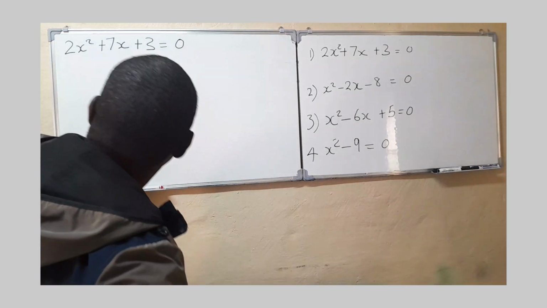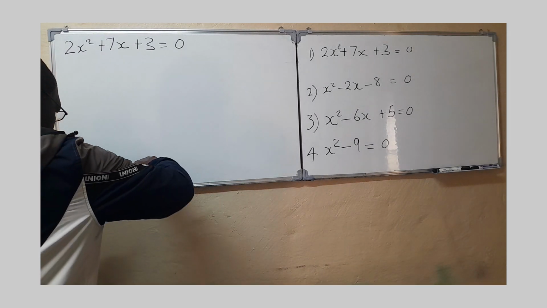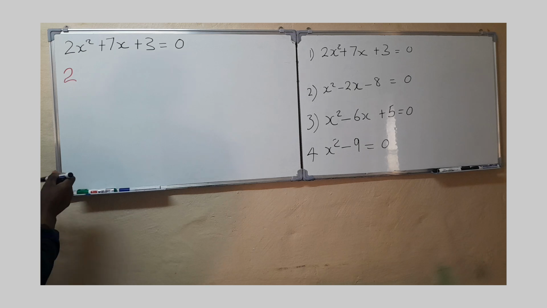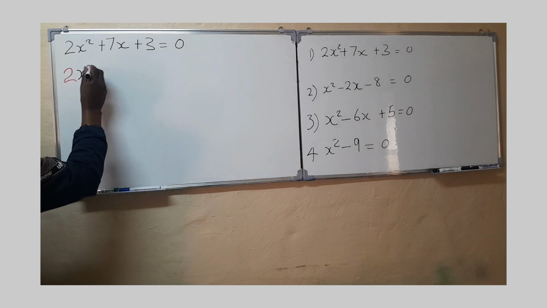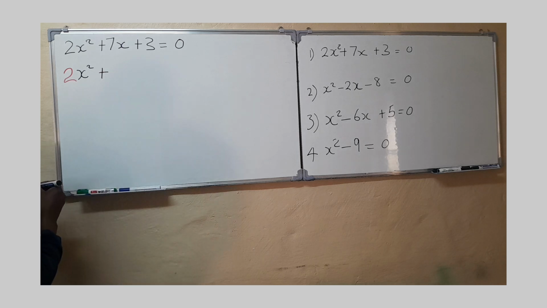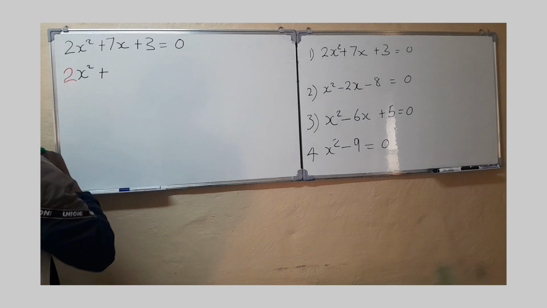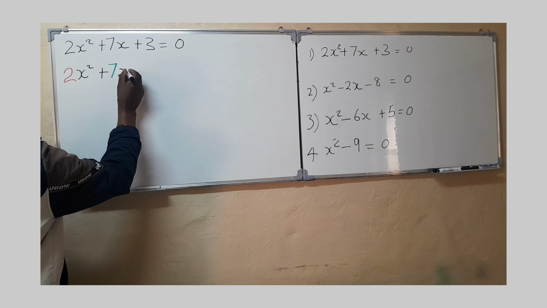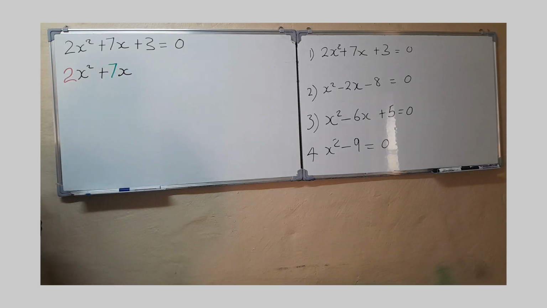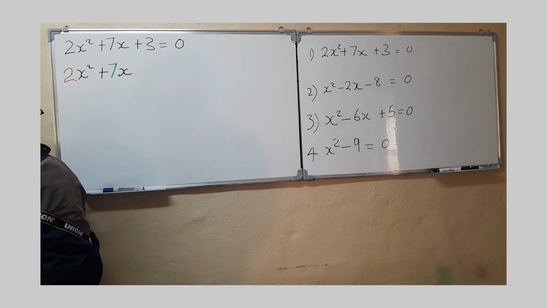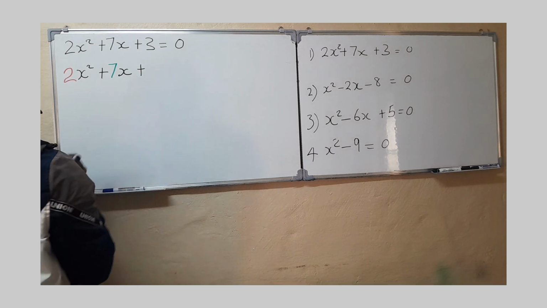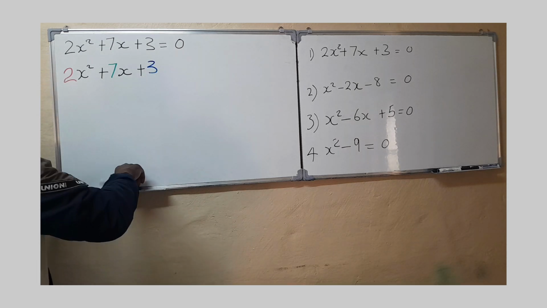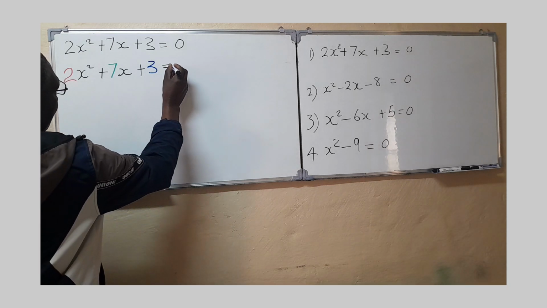Allow me to write it like this. 2, there is my x squared, plus 7 multiplying my x here, and finally my 3 here in blue, and this of course is equal to 0.